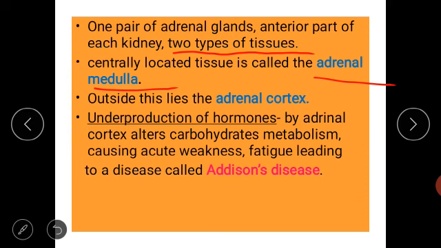Underproduction of hormones by adrenal cortex alters carbohydrate metabolism, causing acute weakness, fatigue, leading to a disease called Addison's disease.